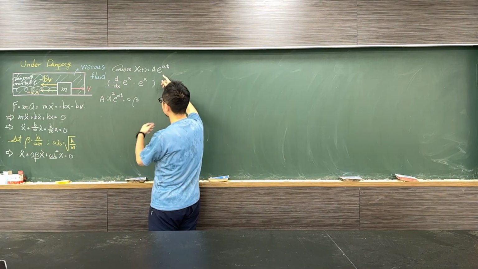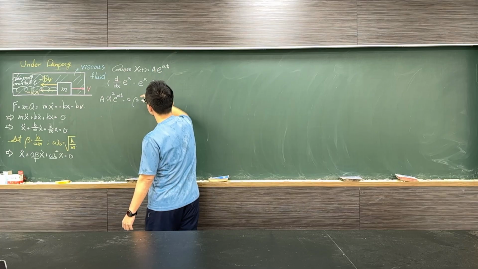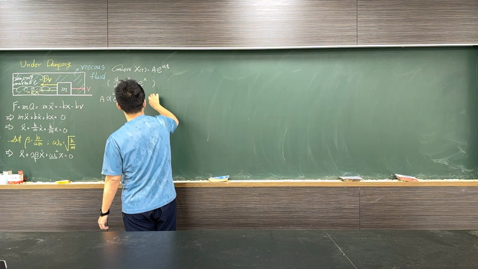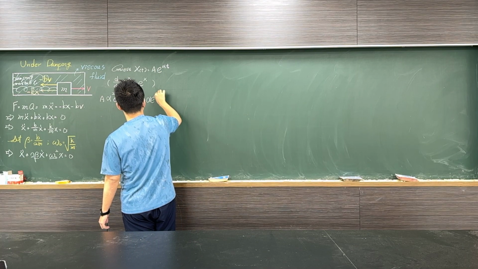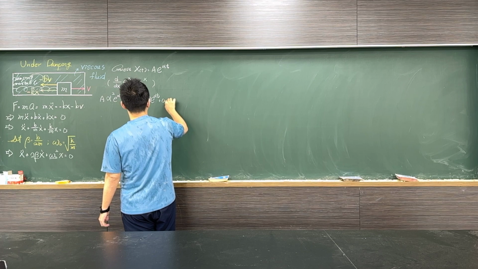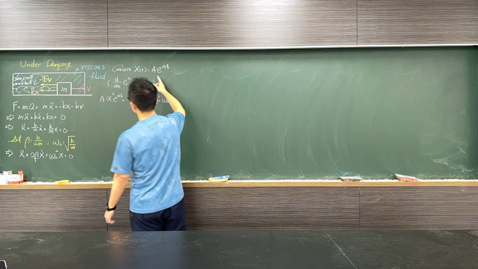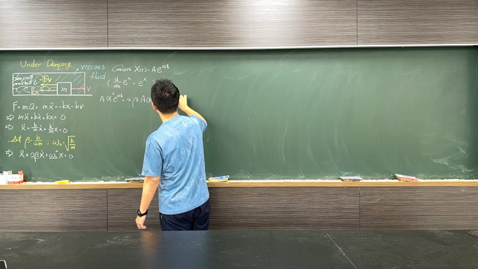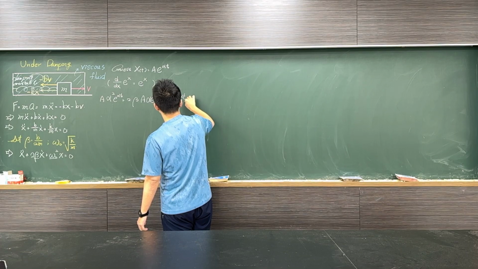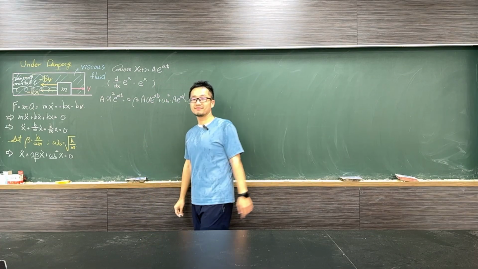You take the first order derivative, alpha comes down, so it becomes a times alpha times e to the alpha t, plus omega naught squared times x, which is a times e to the alpha t. All these terms equal 0.